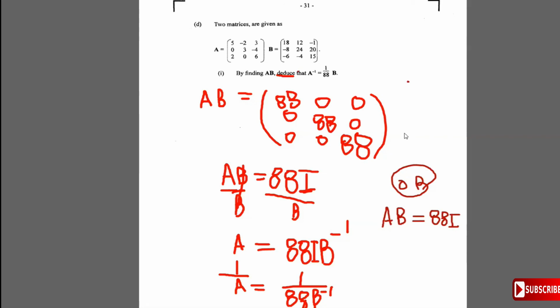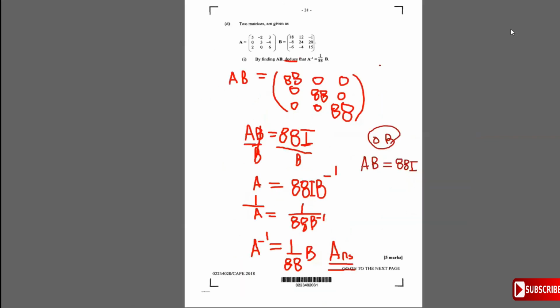So this takes care of question 5. All right, it says now hence solve the system given as this for x, y, and z.